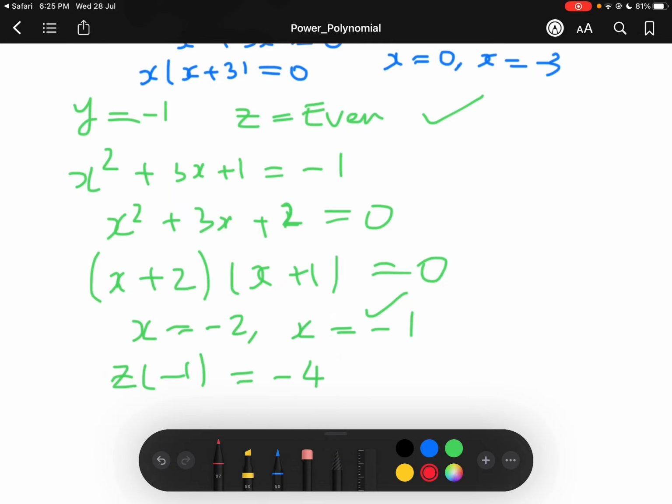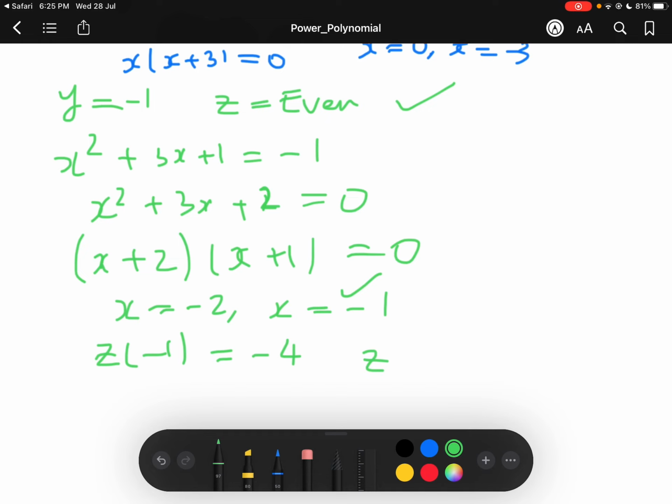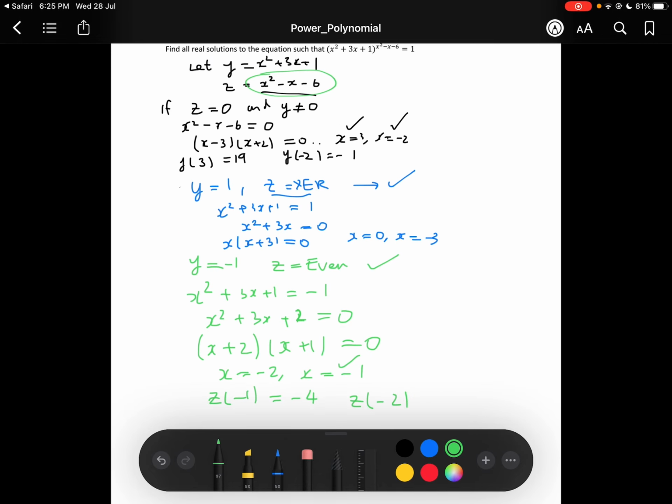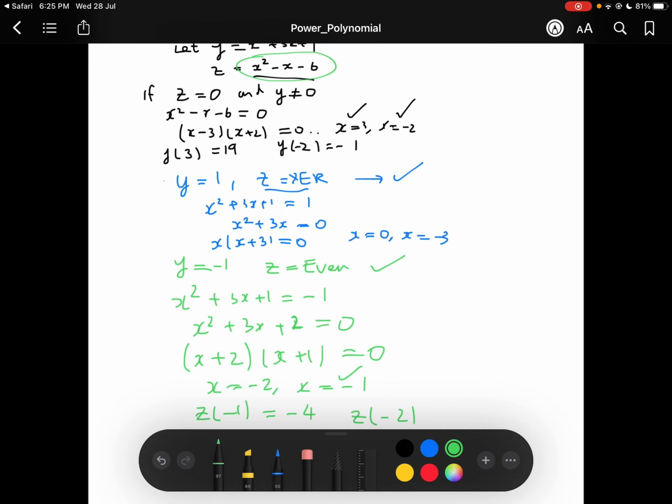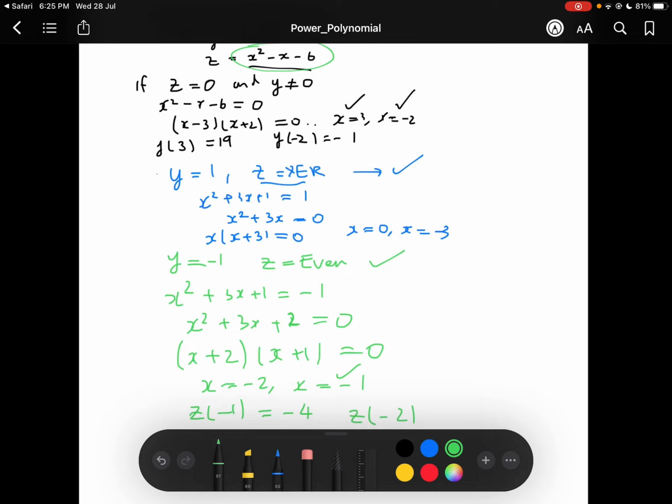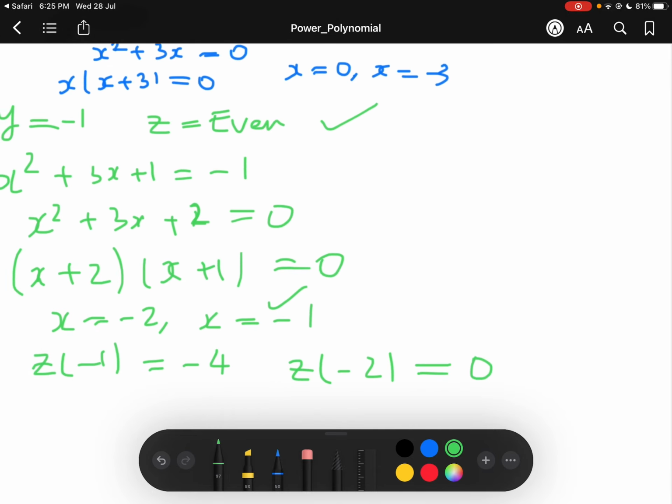And if we look at z of −2, that gives us 4 + 2 − 6 = 0. So that's also fine because 0 is also an even number. So x = −2 is also a solution.